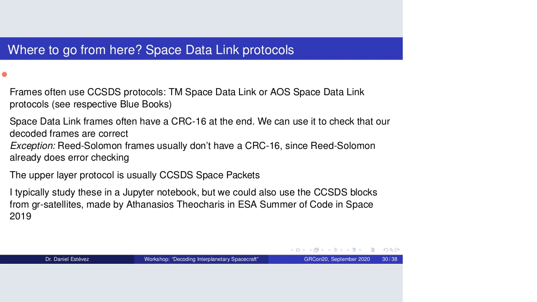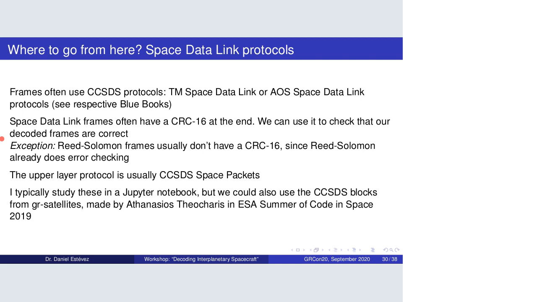The way this is done in CCSDS protocols is by inserting a CRC16 at the end of the frame. The specification for the CRC is in the blue book, and you can implement your own. I think there is one that would work inside your satellites, and I'm going to show one done in Python in a moment.